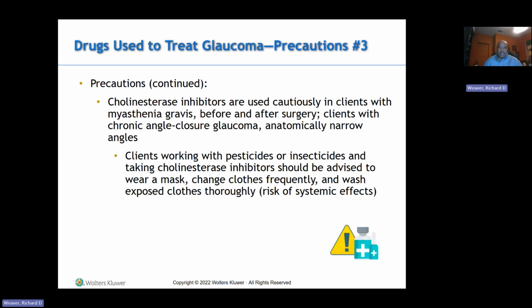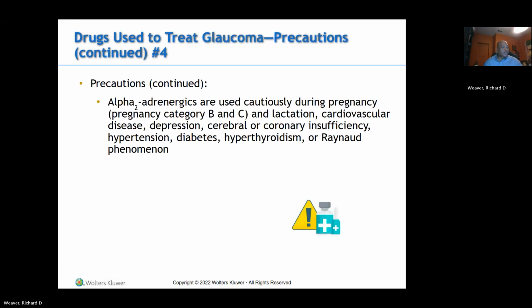Individuals working with pesticides and insecticides containing carbamate or organophosphate, and also taking a cholinesterase inhibitor, should be advised to wear respiratory masks, change their clothing frequently, and wash exposed clothes thoroughly. So this is some education that we need to be thinking about doing with this group, right?